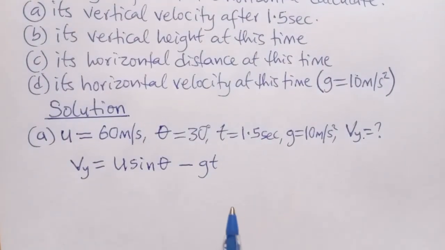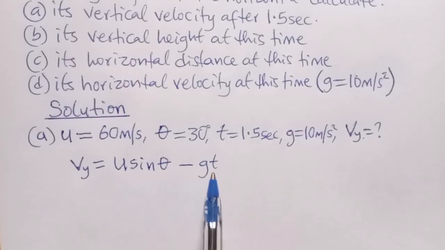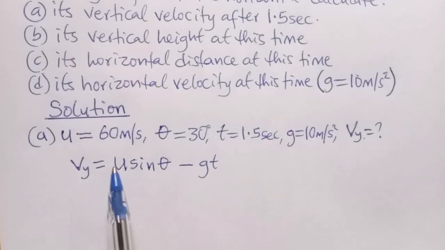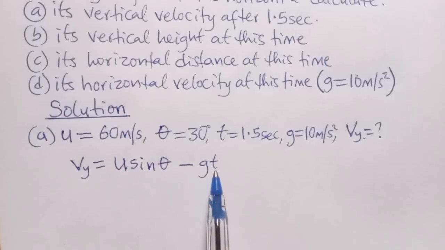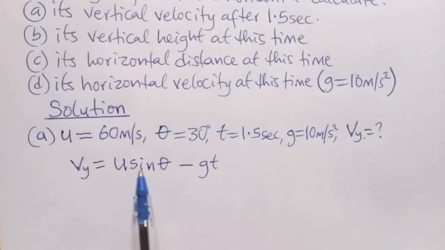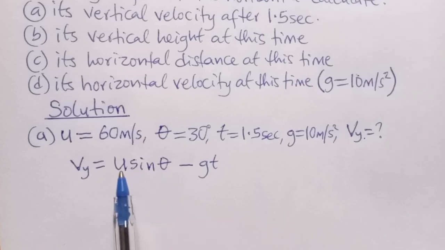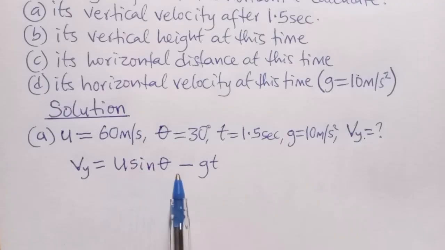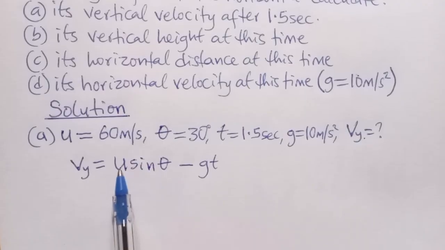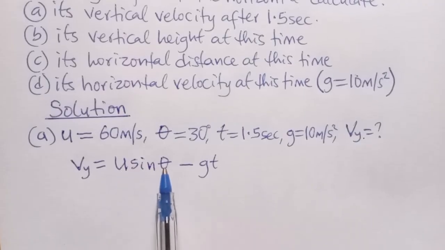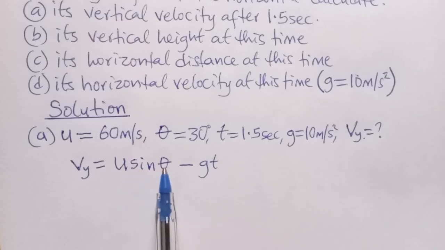Now, don't forget that this equation is similar to the equation of motion, which is v is equal to u minus gt. But because we are given the projection at an angle, it must be the vertical component of the velocity that must be used in this case. And so the vertical component has to be u sine theta. So that is what will affect this vertical motion.